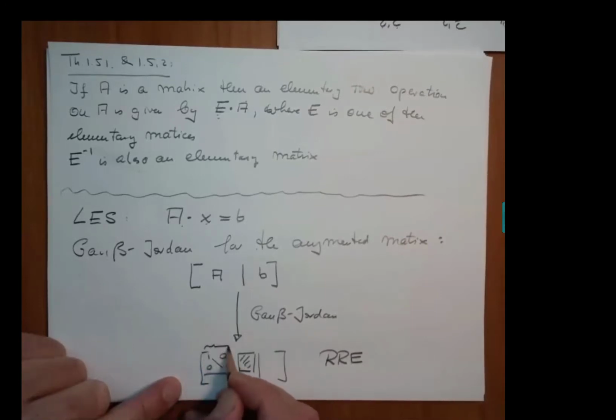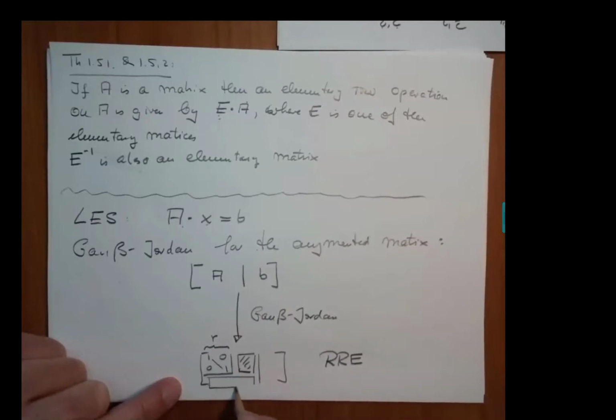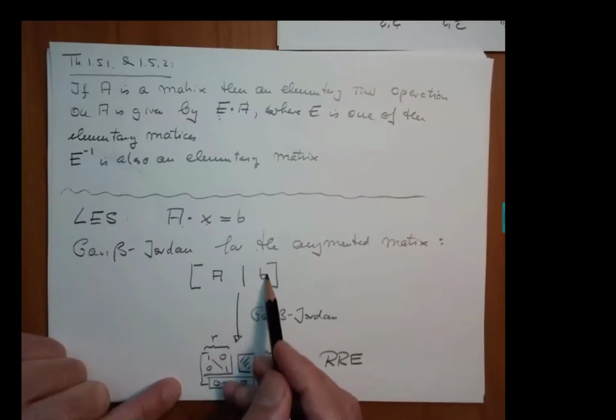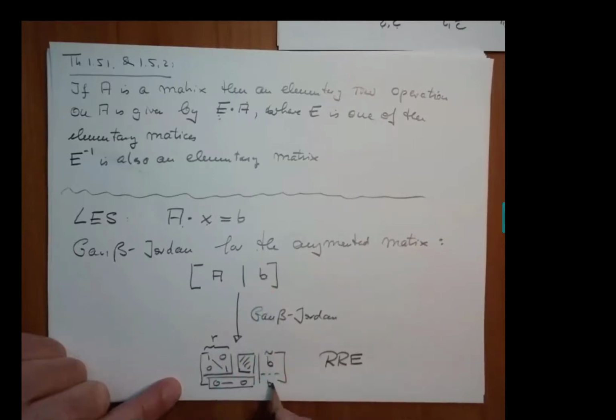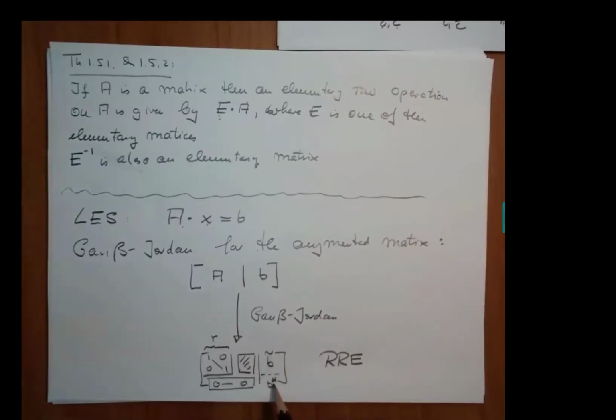And the number of ones I like to call R. And then here on the bottom, if there is a bottom, is all 0. And then we have the right-hand side, where I have a changed right-hand side B tilde, and down here I have a changed right-hand side B star. And I don't really know what's there. It might be all zero, I don't know. So this is how the reduced row echelon form has to look at the end.